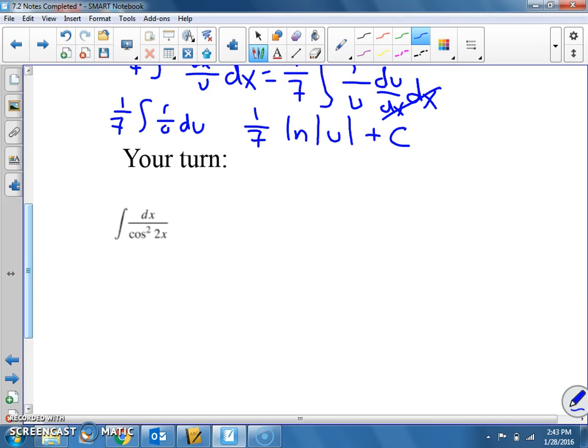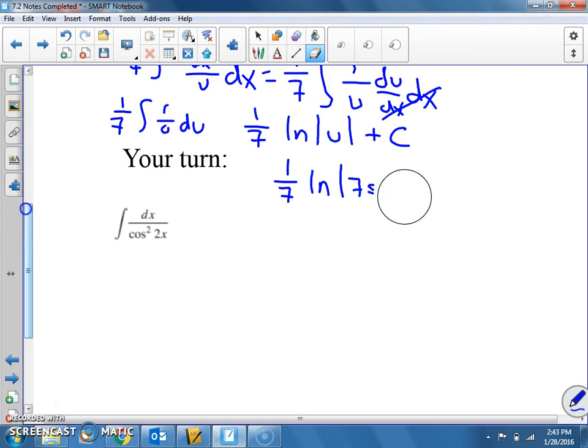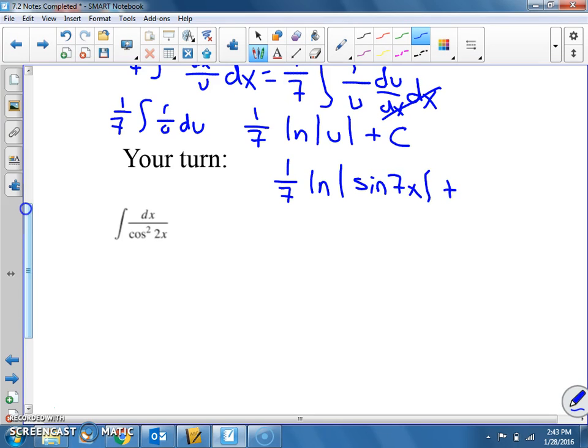U was equal to the sine of 7x. So my end answer is going to be 1/7 ln of the absolute value of, no, sorry, not 7 sine x, sine of 7x, right? Yeah. Sine of 7x plus c. Okay?